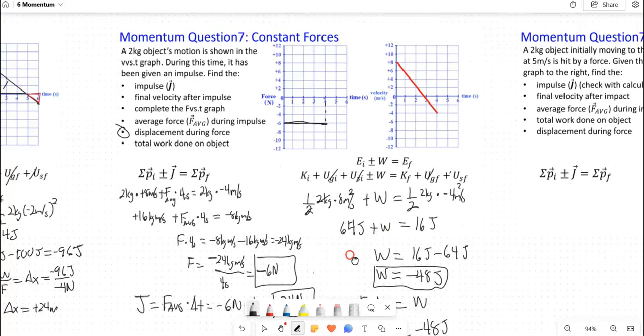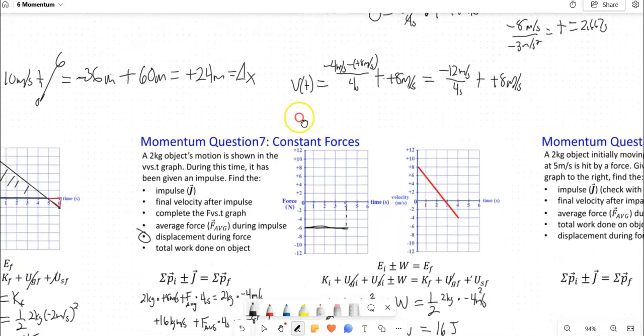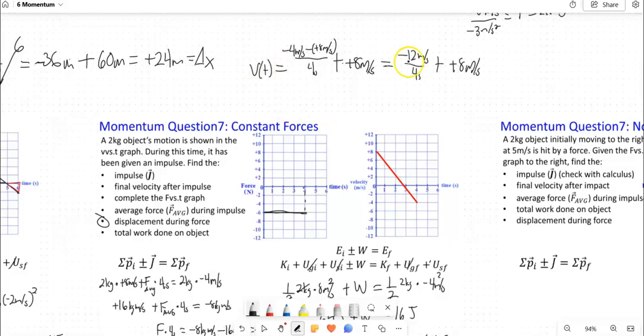If you're a Physics 121 student, if you've gone this far to create the equation right here, just integrate it, right? Integrate that equation from 0 to 4 seconds, negative 12 meters per second over 4 seconds, t, plus 8 meters per second.